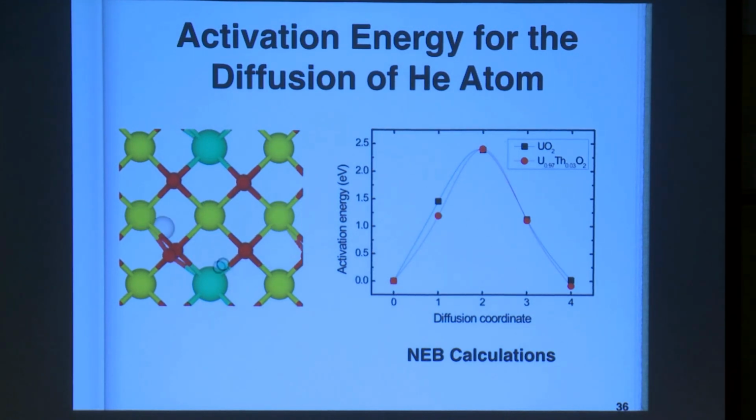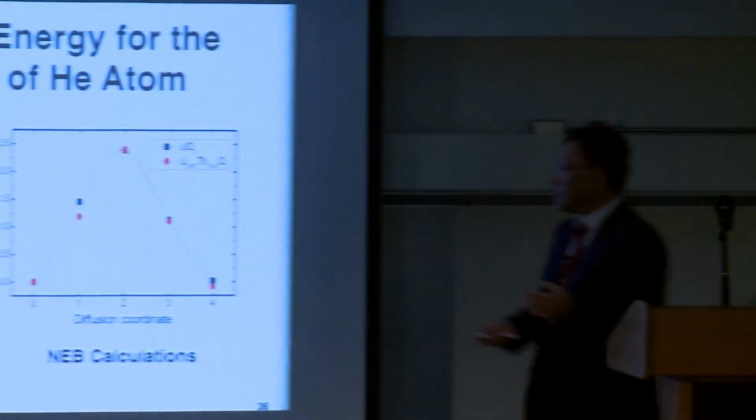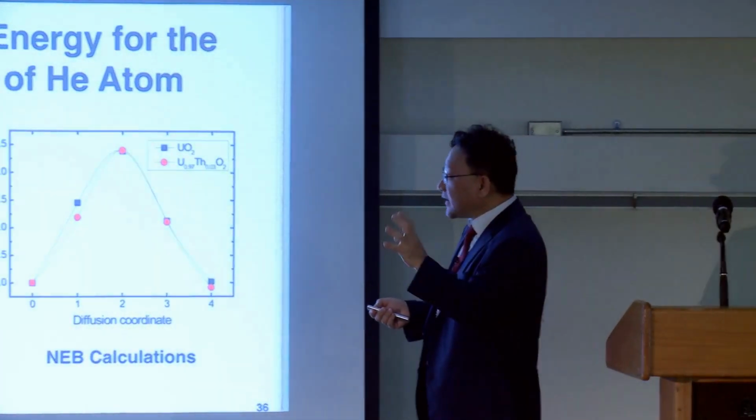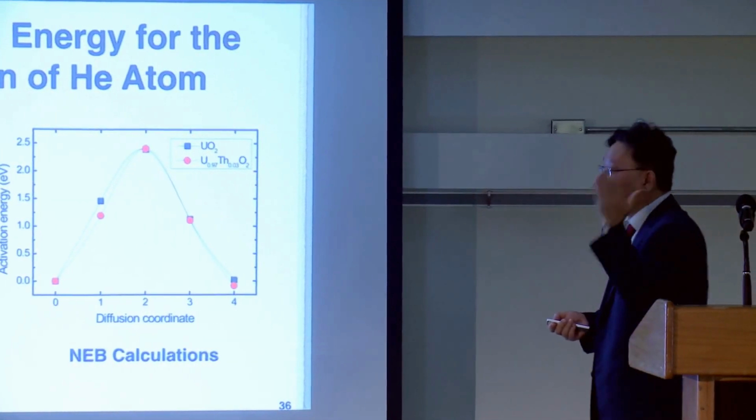When the helium diffuses out, the uranium and oxygen bond length actually increased, but the thorium and oxygen bond length does not change much. Even though thorium is bigger than uranium, thorium and oxygen has much higher enthalpy of formation than uranium and oxygen. So thorium forms a very rigid framework, so helium cannot diffuse out.